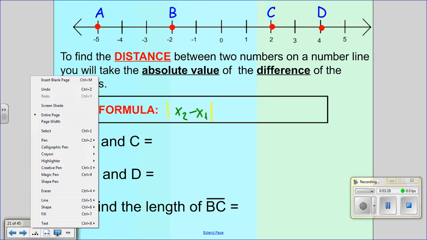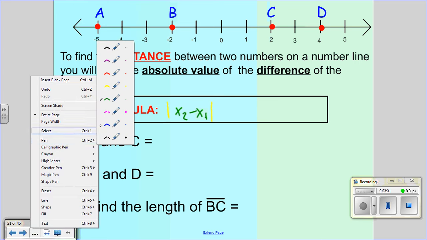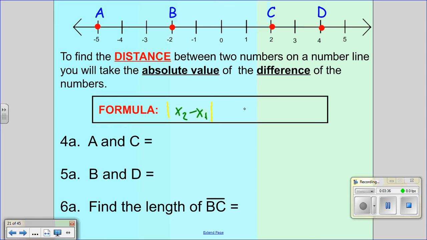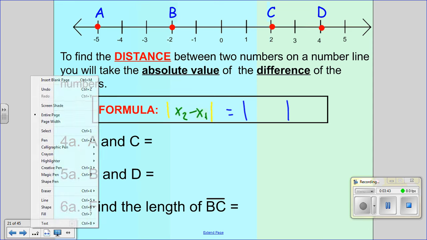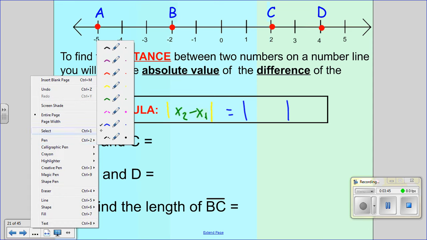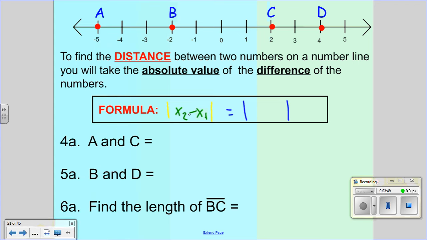A shorter, nicer version of the same formula we're going to do in this class is we're still going to have our absolute value bars, but it's a lot simpler than that because I doubt you remember what this little 2 represents at the bottom of the x.